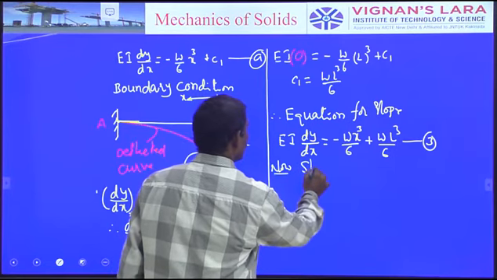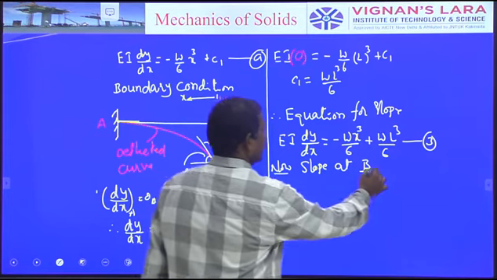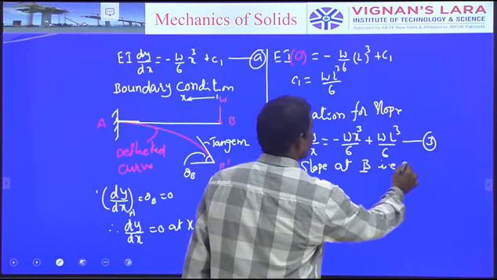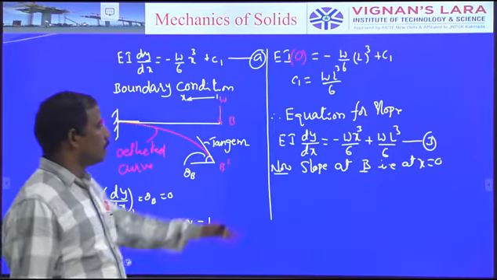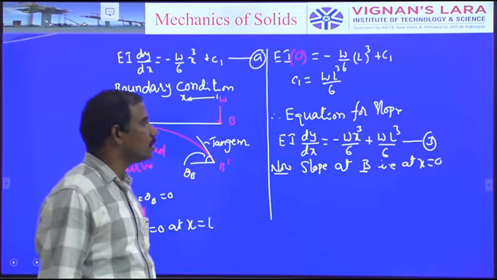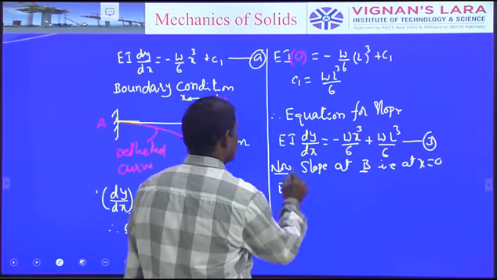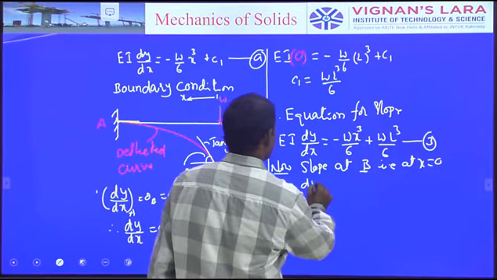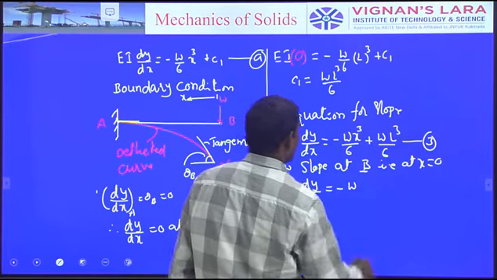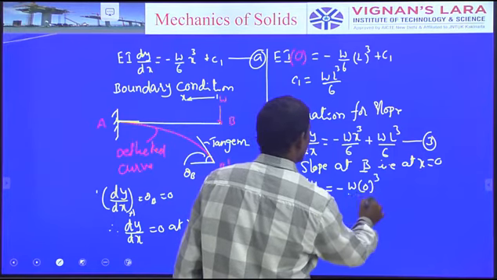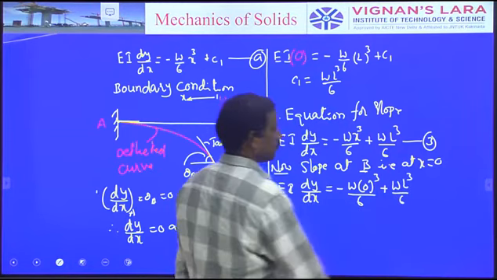Now the slope at B, that is at x equal to 0. Substitute x equal to 0 in equation number 3. Therefore, EI into dy by dx is equal to minus w into 0 whole cube by 6 plus w L cube by 6.